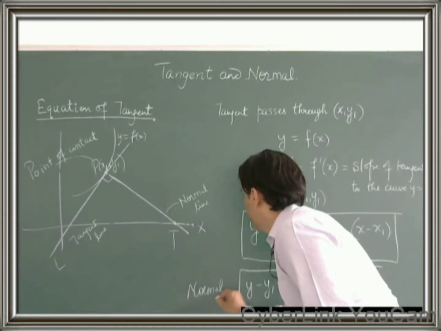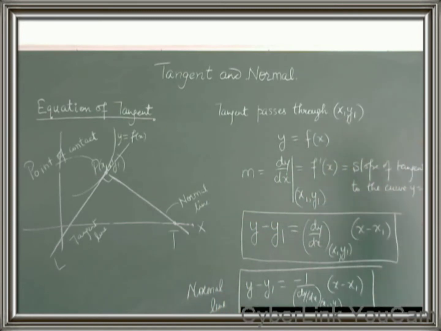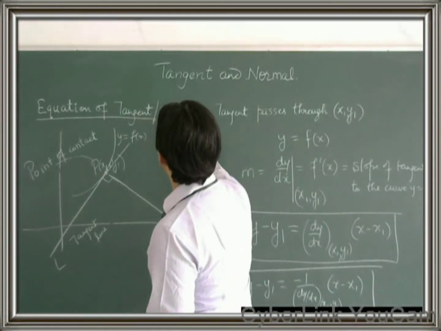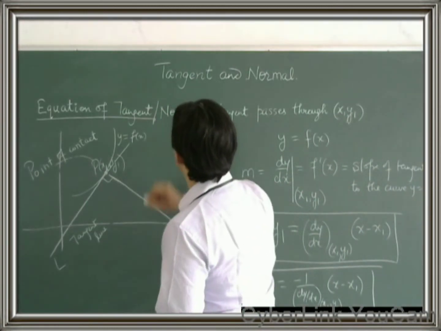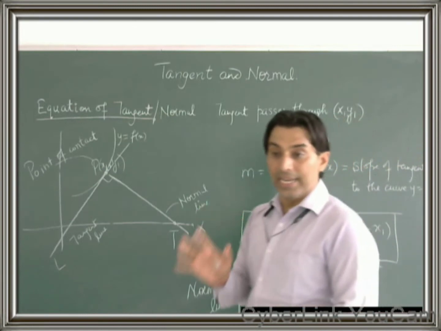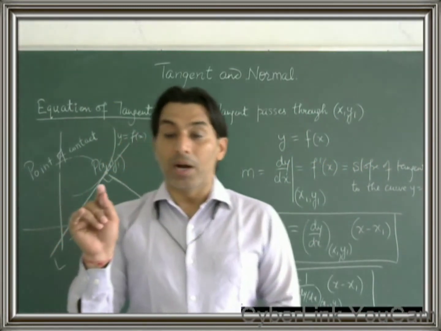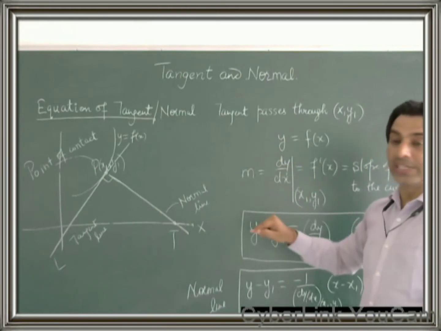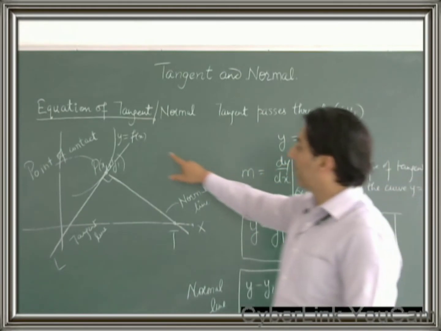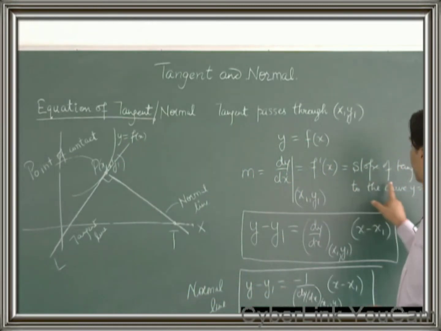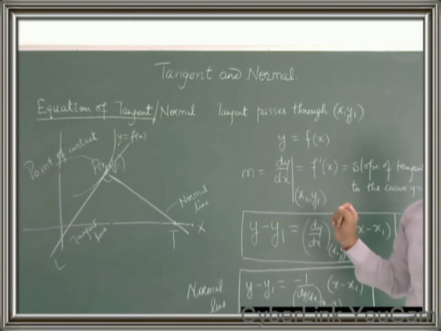So in this way, you can find the equation of normal as well as tangent. Equation of tangent and normal, both we have done. Fine. So you have seen here, we have used all the concepts of class 11 straight lines only. The only new thing that we have introduced here is the slope of the tangent line. If we are given a function y is equal to f(x), then dy upon dx denotes the slope of the tangent line.